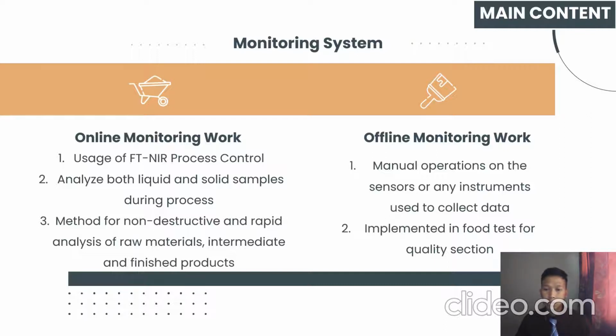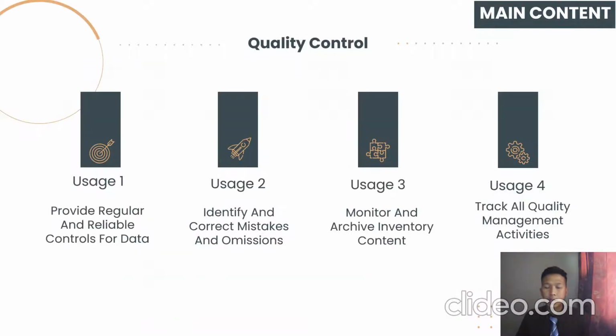For the offline monitoring work, it is usually operation or manual operation on the sensors or any instruments used to collect the data. It's usually implemented in the food test for the quality section. Other than the monitoring work, quality control is also an important matter for the production system, as it provides regular and reliable controls for data.